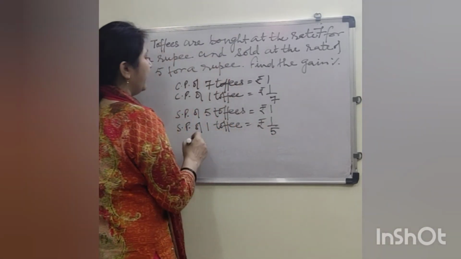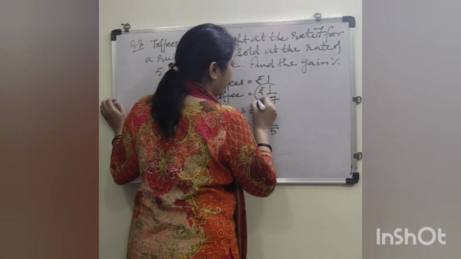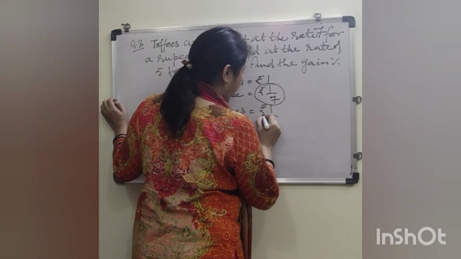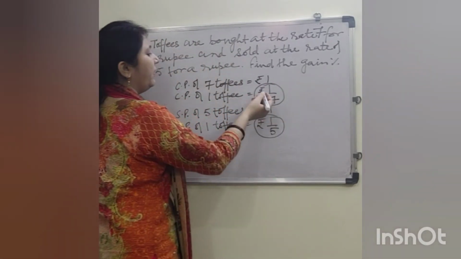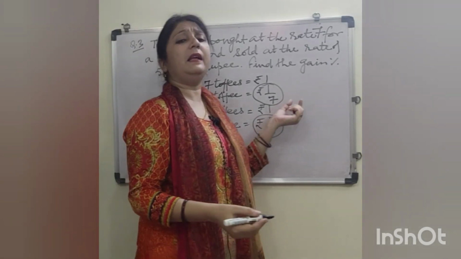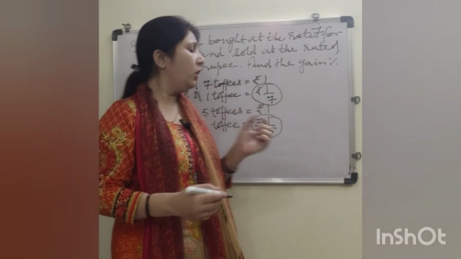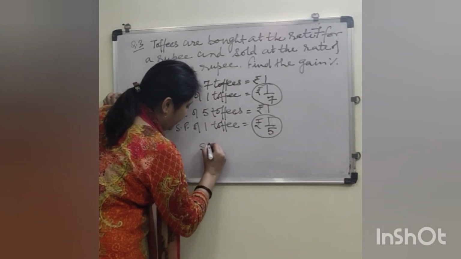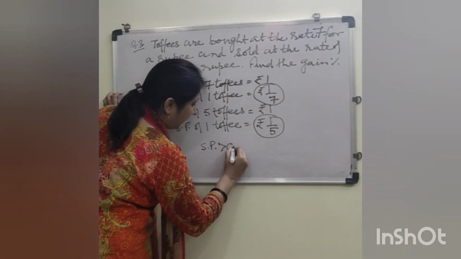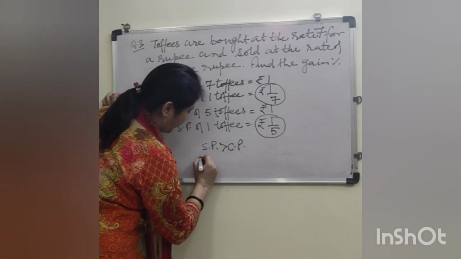Now you can easily see for 1 toffee, CP is rupees 1 by 7, SP is 1 over 5. So which one is greater? Obviously, whose denominator is smaller, that one is greater. So SP greater than CP. So profit is incurred.